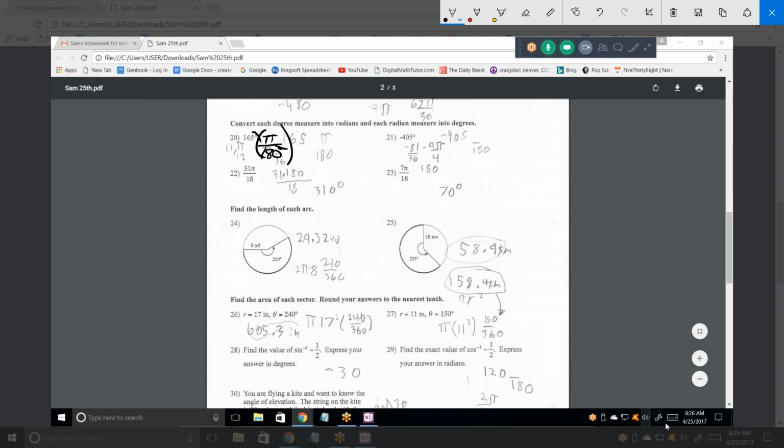Now, if I'm converting radians to degrees, then it's not pi over 180, it's 180 over pi, because I want to lose the radians and pick up degrees. That's all you have to know about the conversion. The conversion factor is pi over 180 or 180 over pi, depending on which way you're going.